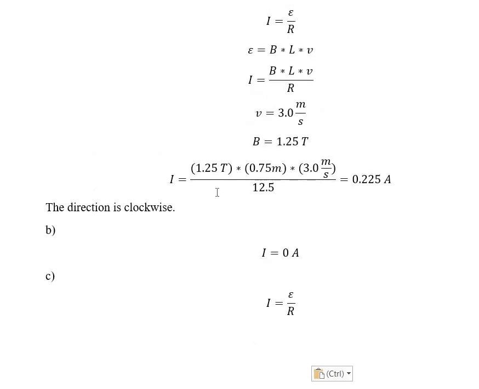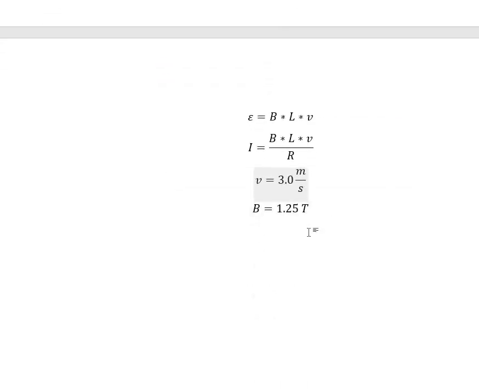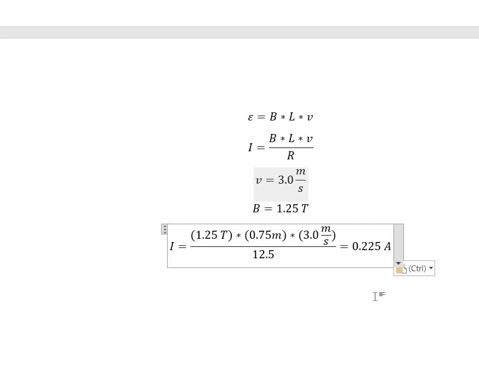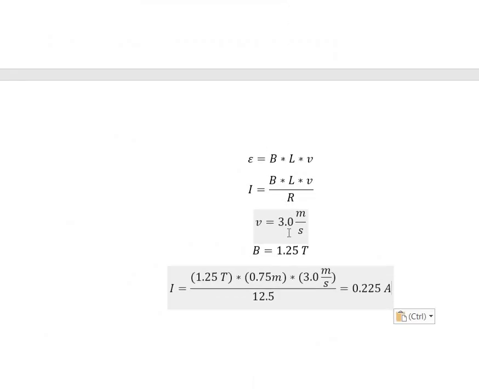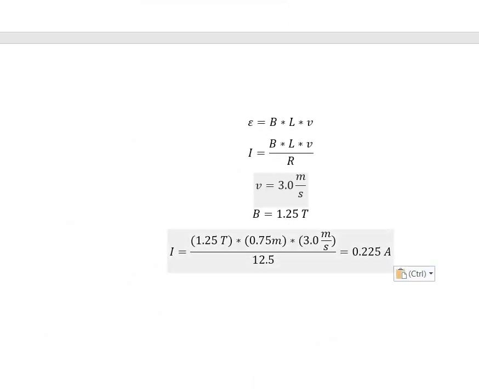Substituting in the equation, we're going to get the same answer for part C, which is 0.225 A. So the magnitude of the current that's moving out of the field is also 0.225 A. But the direction of this current is going to be different, because the magnetic flux decreases, because the magnetic field points out of the page. So according to Lenz's law as well, the direction of this specific current is going to be counterclockwise.